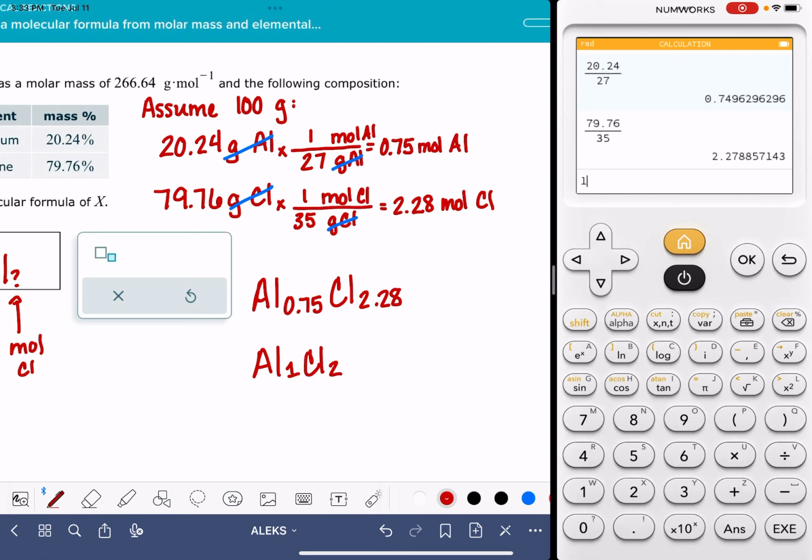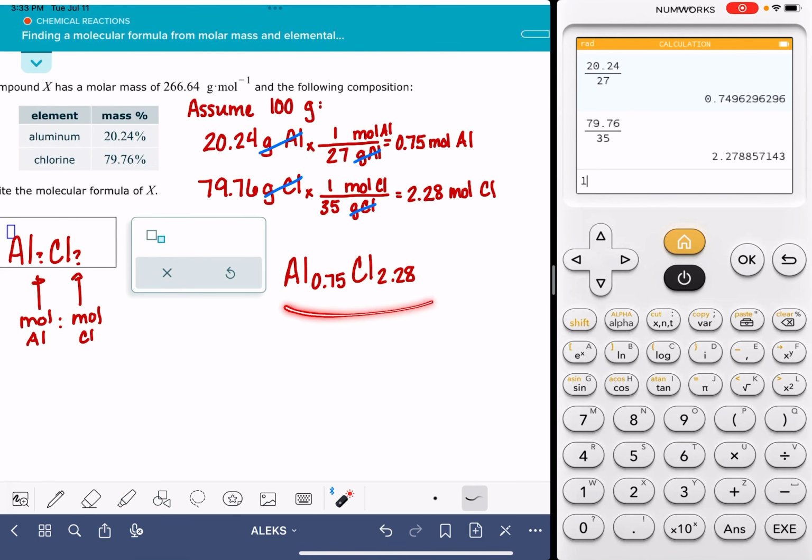That's definitely the wrong way to go about it. These numbers are not close enough to 1 or 2 for us to feel comfortable rounding. What we need to do is maintain the ratio of 0.75 to 2.28, but also convert these into whole numbers.